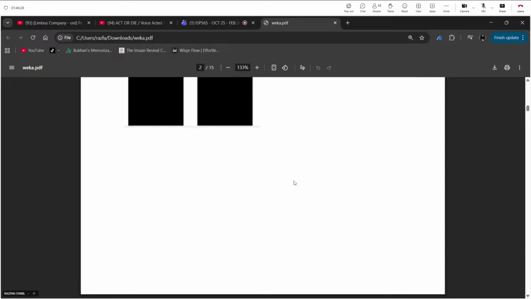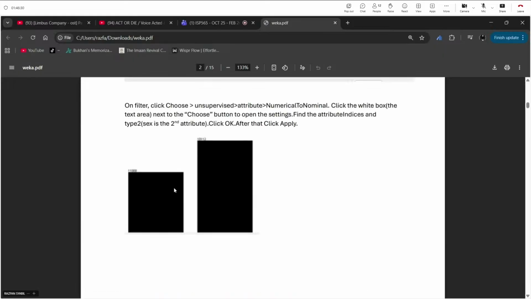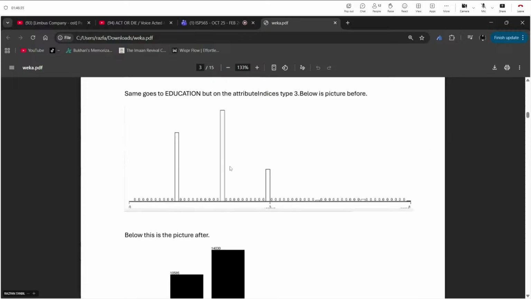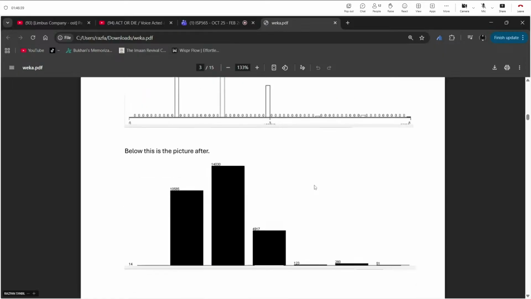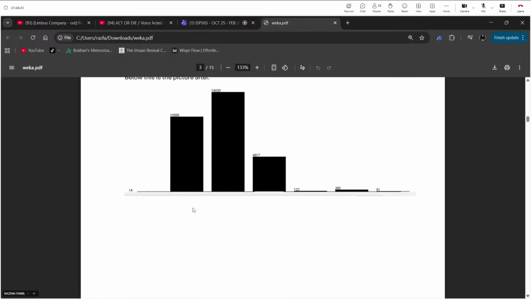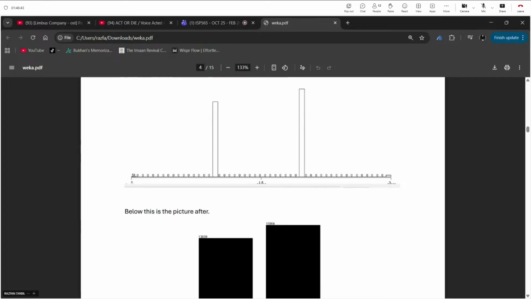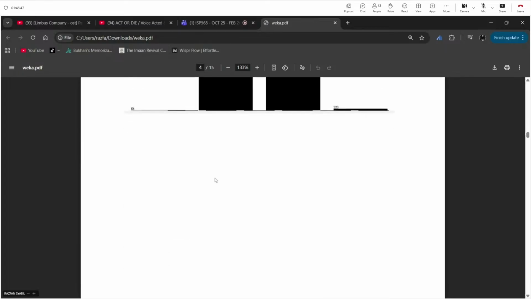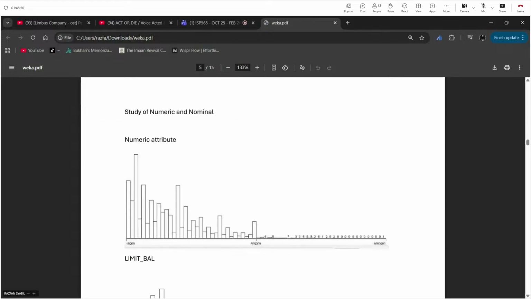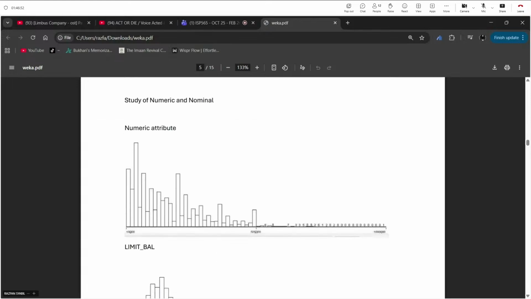We choose sex, and it becomes male and female. Then we do the same for education, and after we change it to nominal, finally we do marriage. Okay, moving on. This is our study for numerical and nominal.